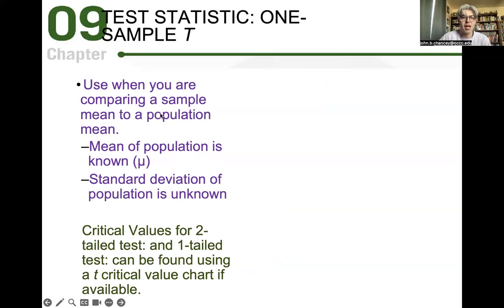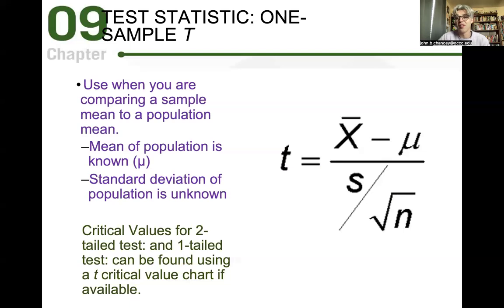So when you're comparing a sample mean to a population mean, if the mean is known and the standard deviation is unknown, we can use a t-test instead, and we can establish either a two-tailed or a one-tailed test and the critical values for those. And so this is the equation. If you're taking notes, or have some notes handy while working on your homework, I would have this equation somewhere. You'll see it pretty regularly because you're going to be using this for most of your homework for chapter 9.